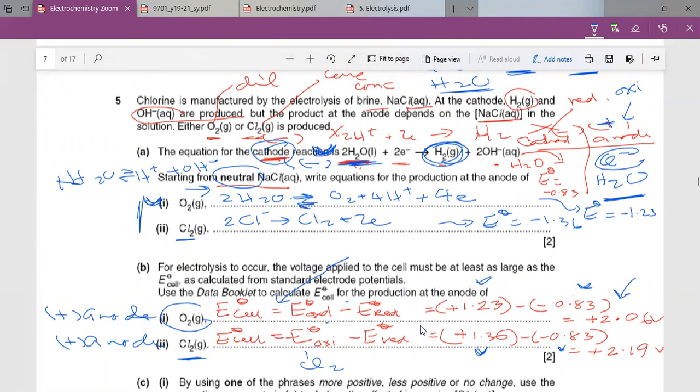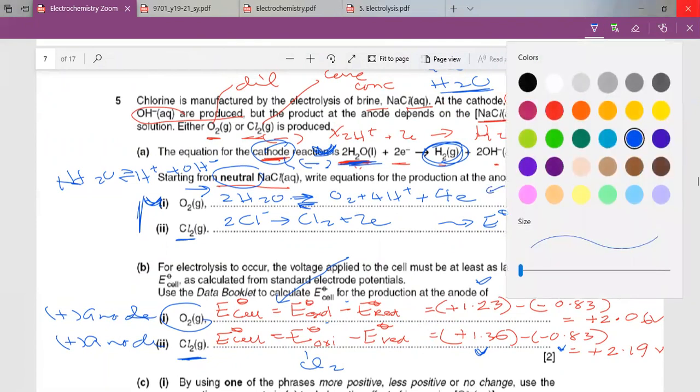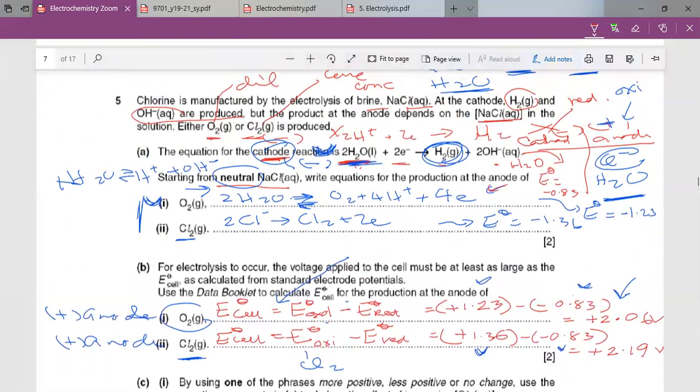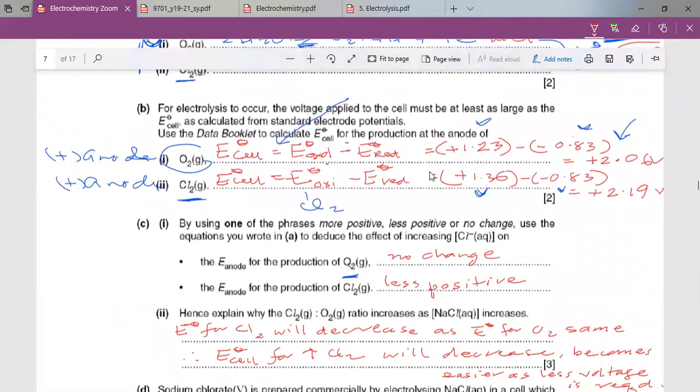Of course not, because there's no Cl minus here. So it wouldn't affect. This value will stay the same. So here, no change, because there's no Cl minus in the equation.